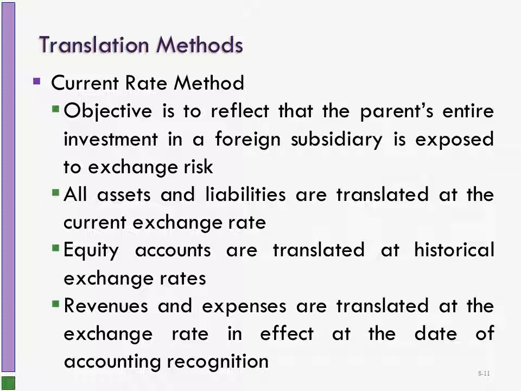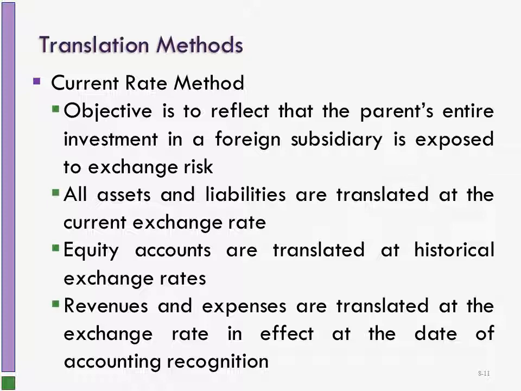However, when an income item such as gain or loss on the sale of an asset occurs at a specific point of time, the exchange rate at that date should be used for translation. Alternatively, all income statement items may be translated at the current exchange rate.